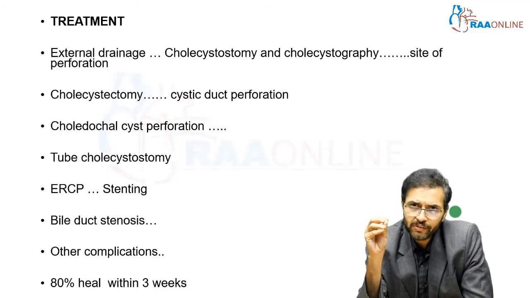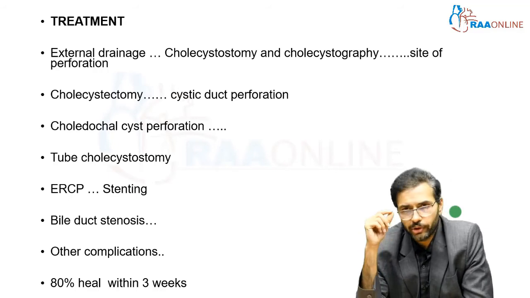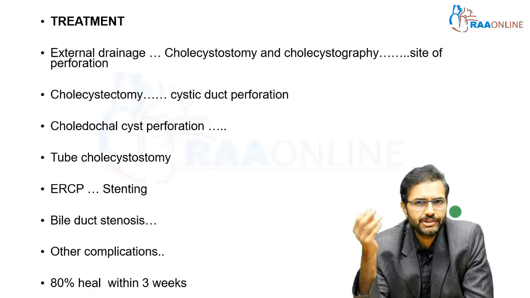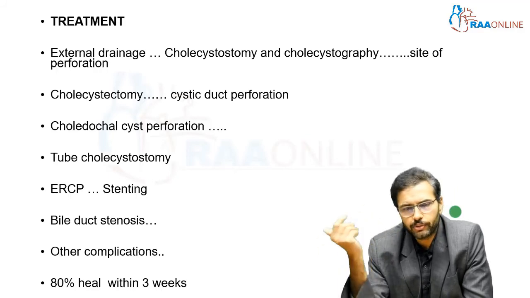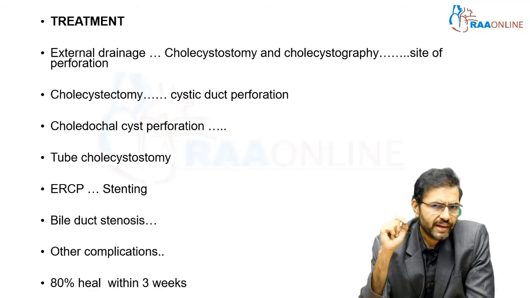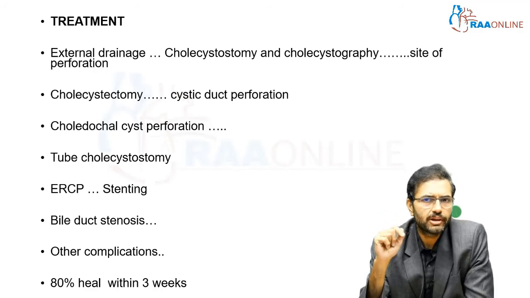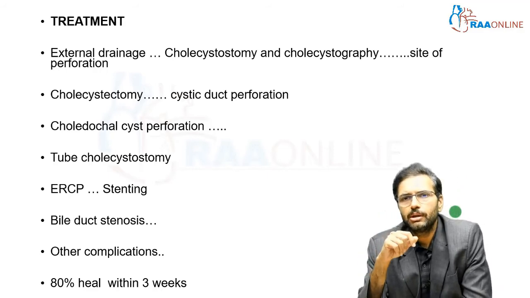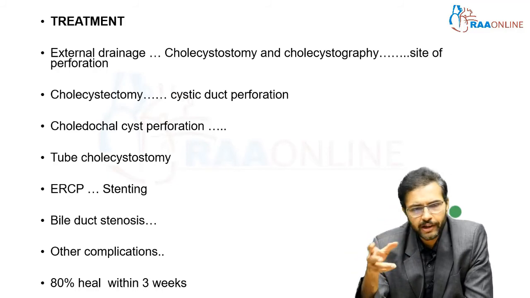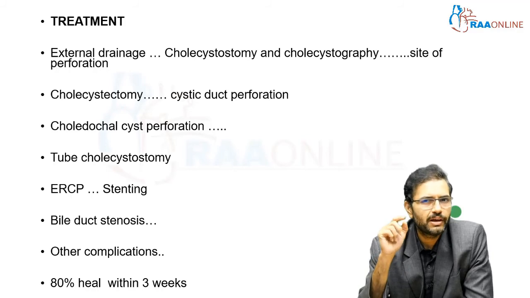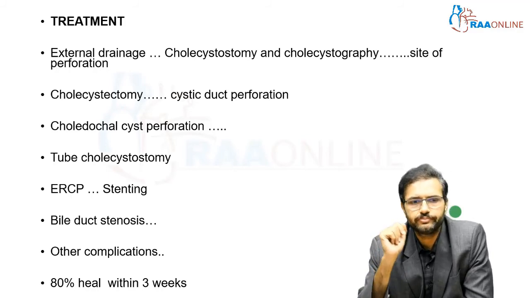Very rarely we might encounter a perforated choledochal cyst, in which case we can attempt to do a hepatico-enterostomy, hepatico-jejunostomy. ERCP stenting is a very good option, especially in slightly older children. But the problem is negotiating the stent across the perforated site, which will be a little bit difficult in children.